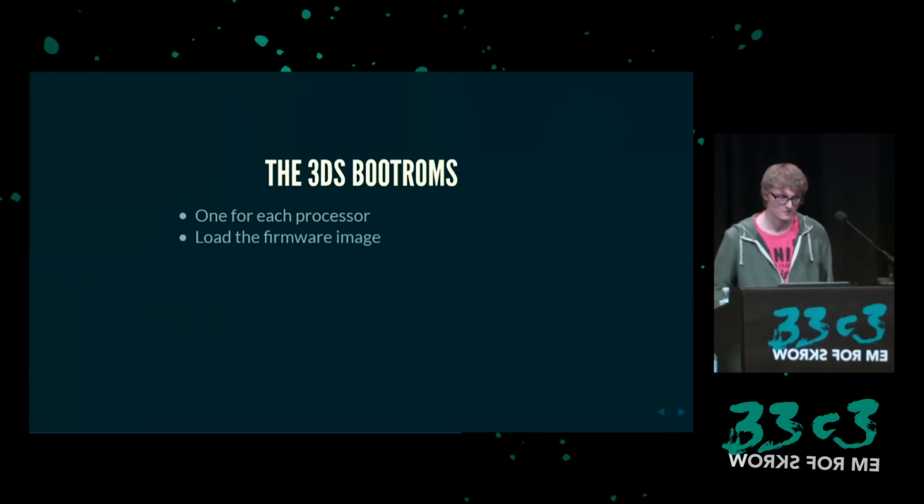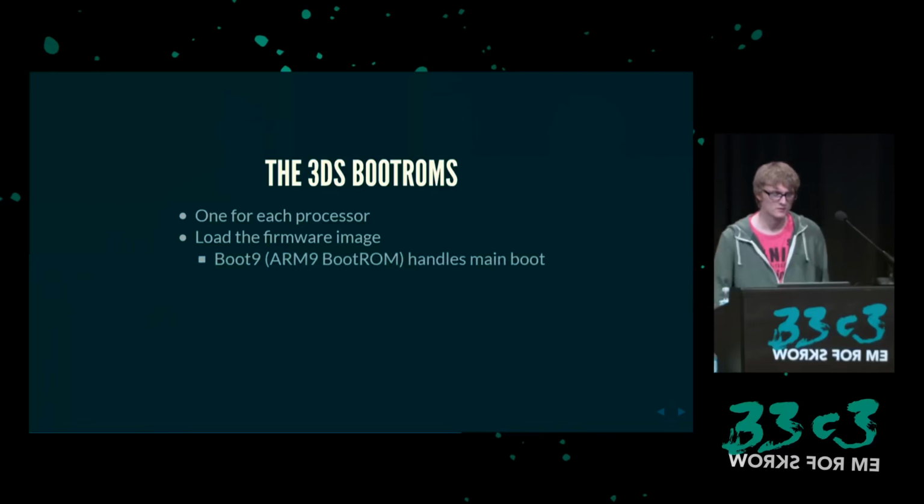We also know that the ARM9 boot ROM does all the interesting stuff, because only the ARM9 has access to the whole crypto hardware, like the AES engine and RSA engine. We also know that the boot ROM will initialize the secret keys for the AES key slots.